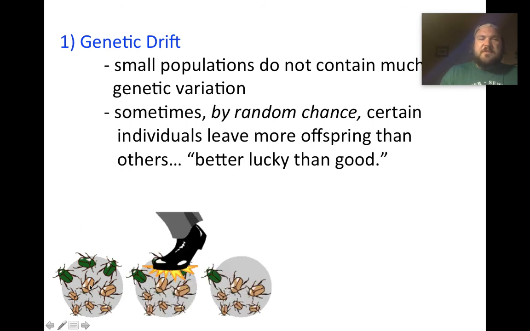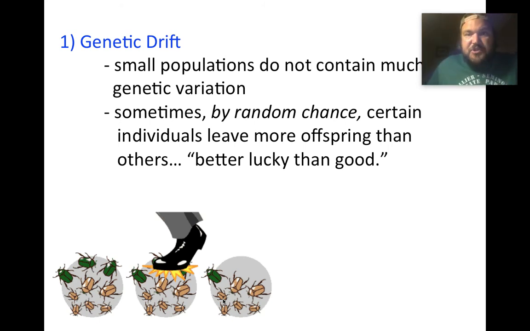Let's just say we're walking through a forest one day and we happen to squish, by random chance, 2 of the green beetles. Now we only have a single green beetle, but still 6 of the brown beetles. So the market share has changed. The frequency of green relative to brown has changed, but it had nothing to do with natural selection.